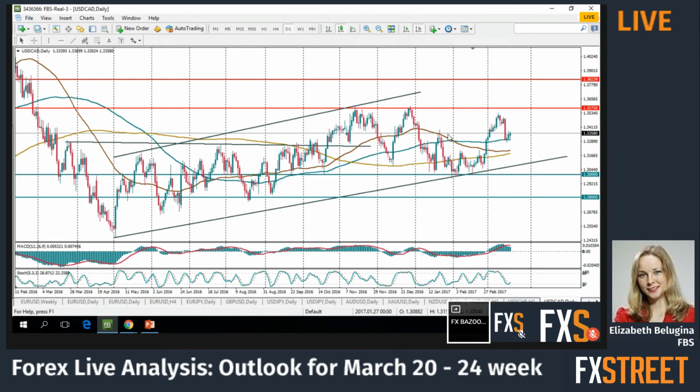Oil is an important export of Canada. This is why the Canadian dollar is affected by declines in oil prices. So here we may see some stabilization.